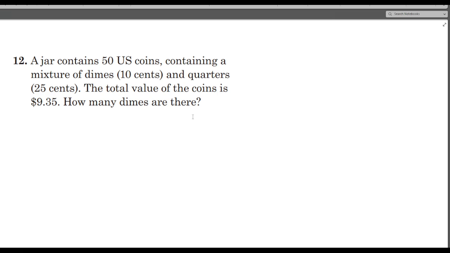The total value of coins is 9.35. How many dimes are there? Okay, so a jar contains 50 US coins containing a mixture of 10 cent and 25 cent. In simple, we will say that 10 cent and 25 cent.